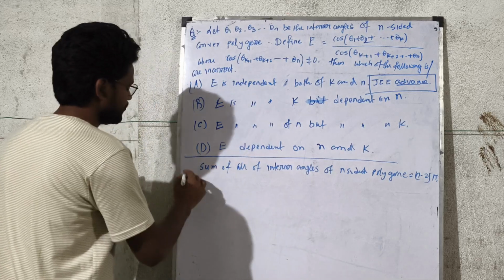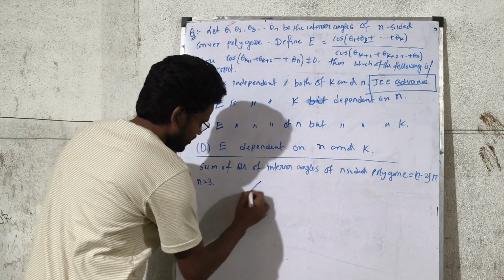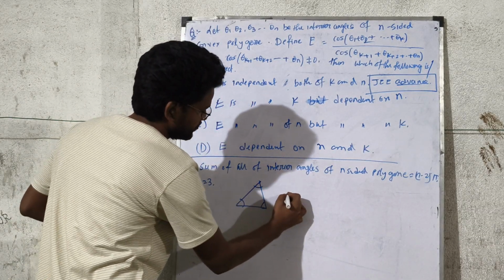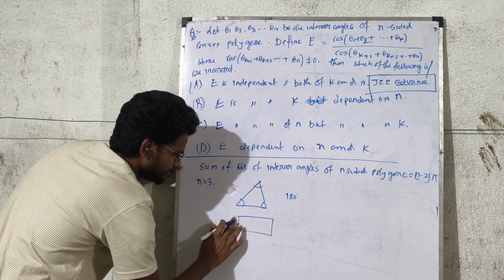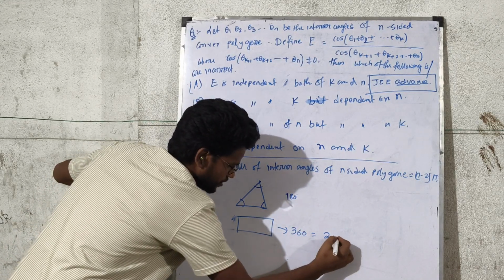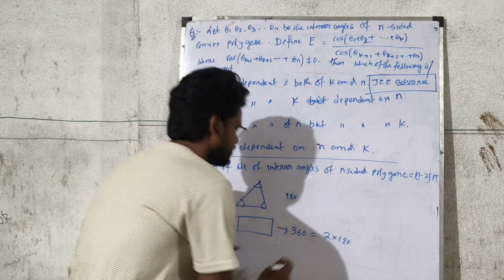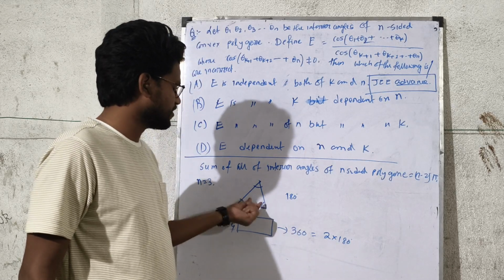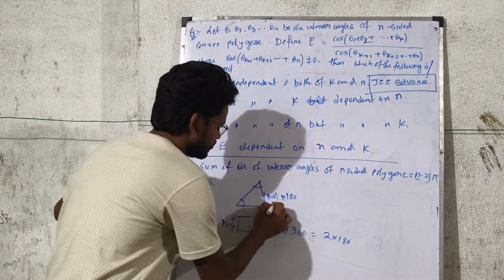When we consider n equals 3, the polygon is a triangle, ABC, and the sum of all interior angles is 180 degrees. If we consider a quadrilateral, the sum is 360 degrees, which is 2 into 180 degrees.